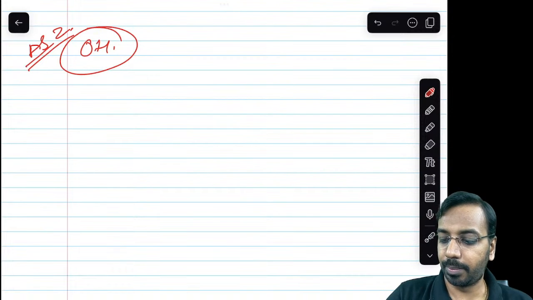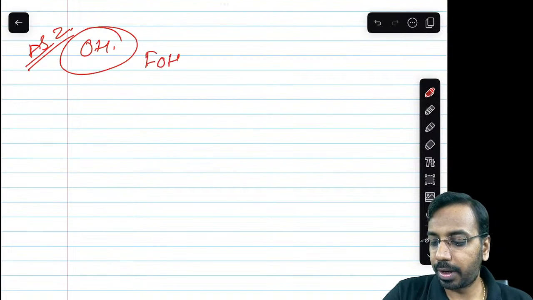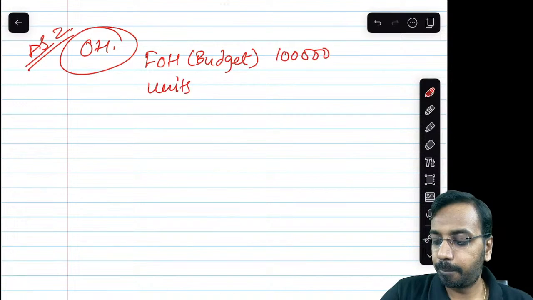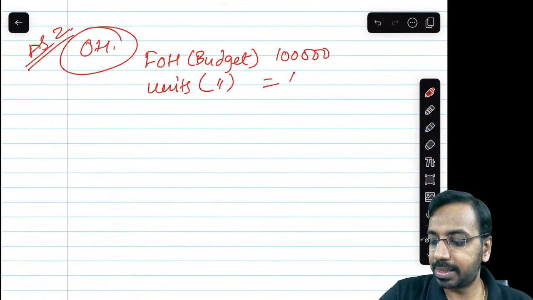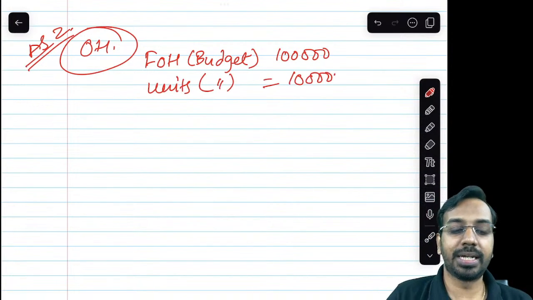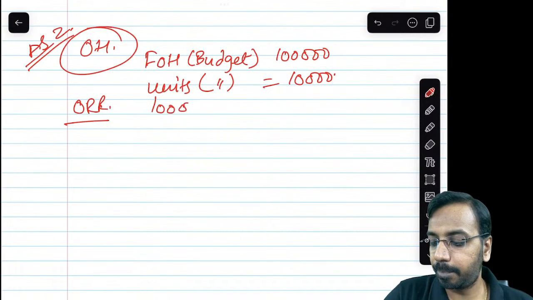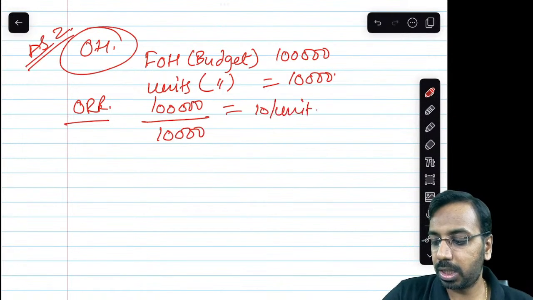So the simple way to remember is, let us say fixed overhead budgeted is 1 lakh, units budgeted is, let us say, 10,000. So we determine something called overhead recovery rate, which is 1 lakh divided by 10,000, which is 10 per unit.